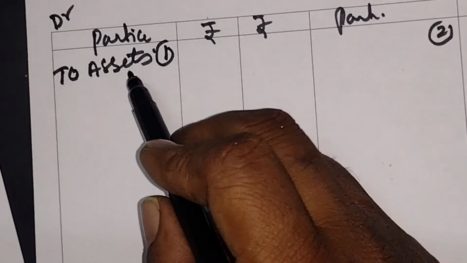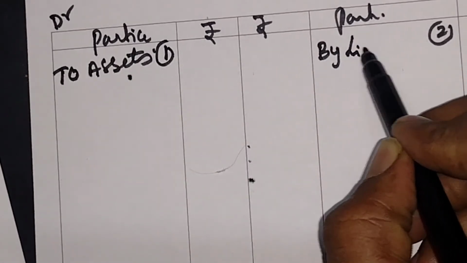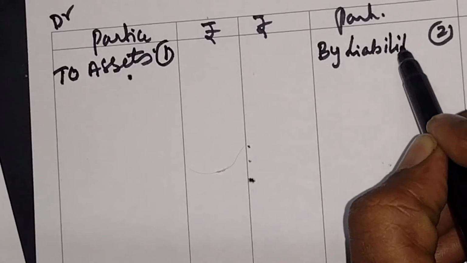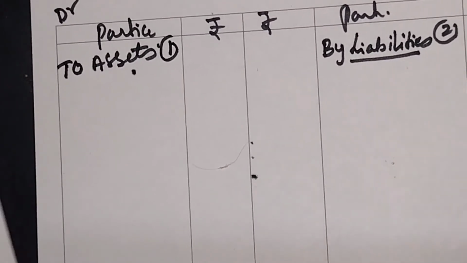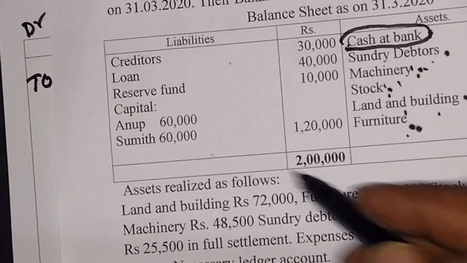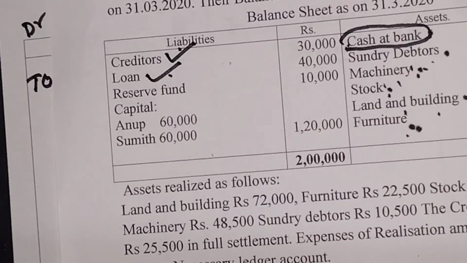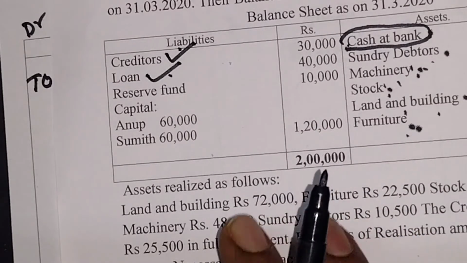Coming to the second one, since the assets appear on the debit side, on the credit side we should record the liabilities. That is, all outsiders' liabilities. For example, you can see in this problem, creditors and loan, these two are the outsiders' liabilities.